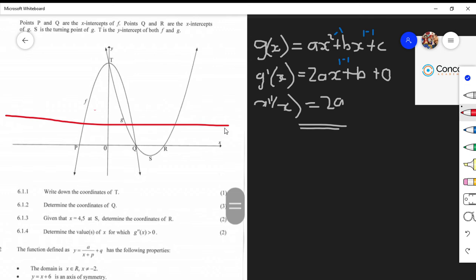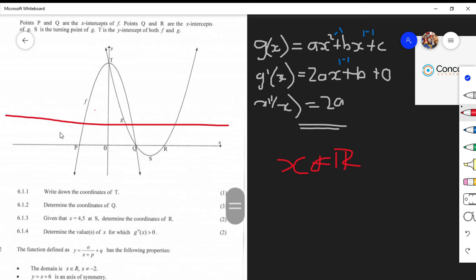And as you can see, a straight line graph continues. Remember, a straight line graph always has a domain of x, an element of real numbers, unless it's restricted. And this graph is not restricted. To restrict it would mean, for example, if we said 2a restricted between negative 5 and positive 5.